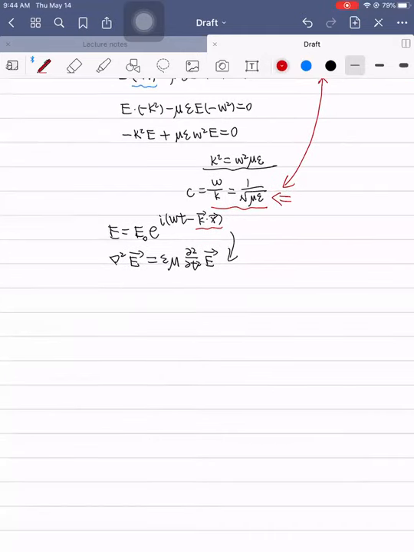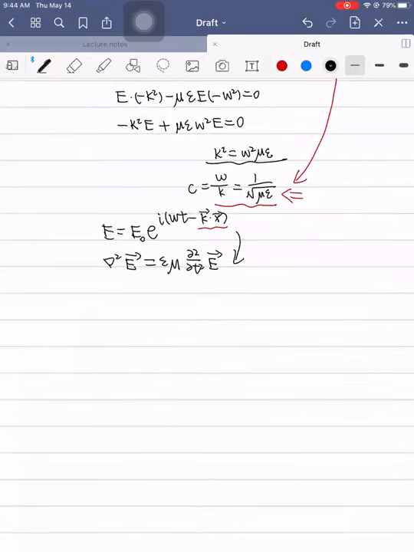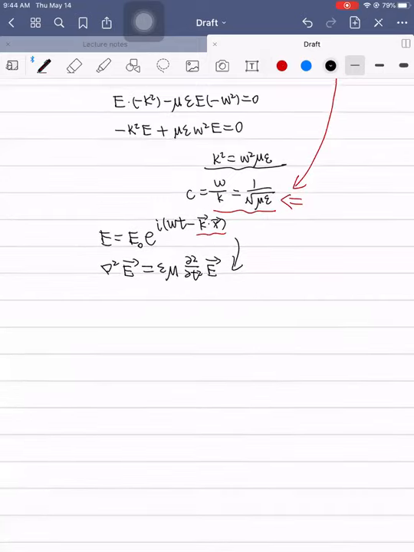So next, we want to rewrite the Maxwell equations to get more information about the electromagnetic field. For that, I will do some mathematics first.